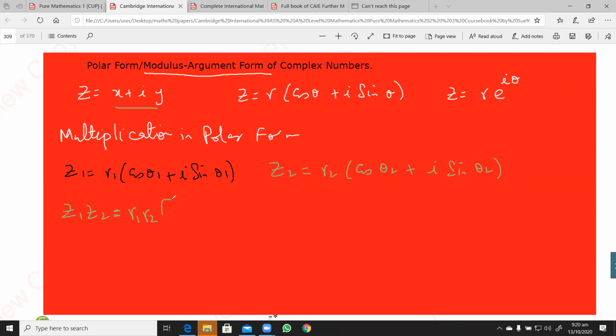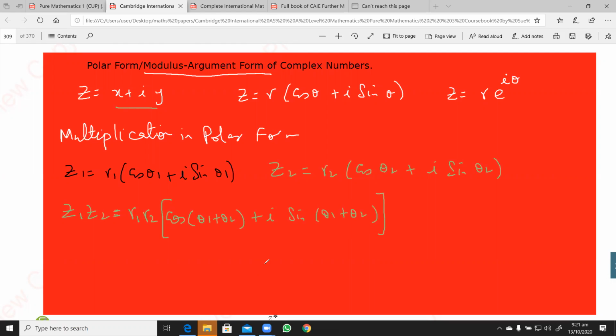Then guess what will be the argument of this product? That will be cos of theta 1 plus theta 2 plus iota sine of theta 1 plus theta 2.